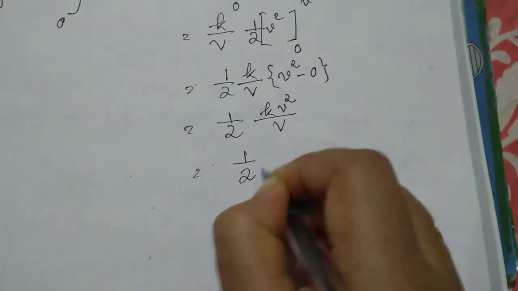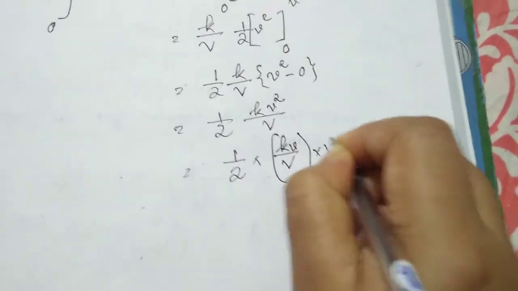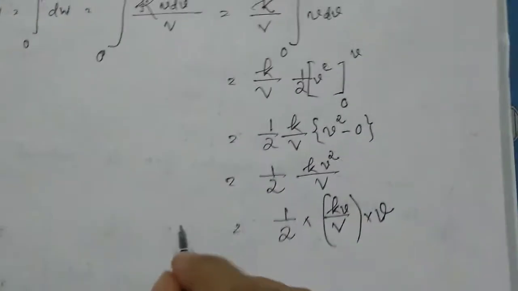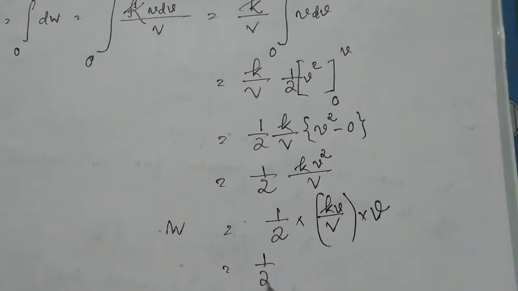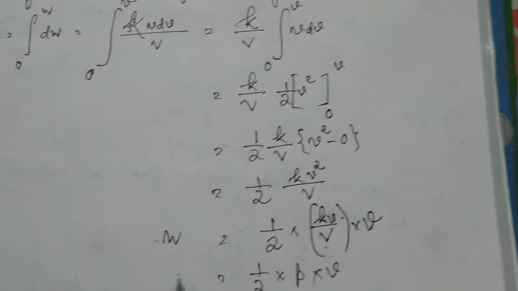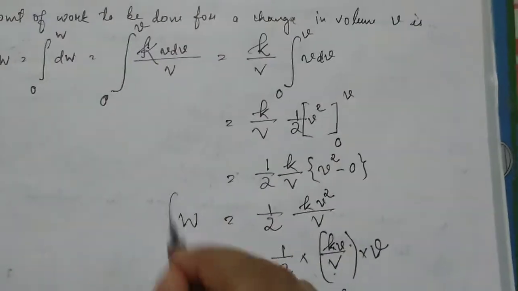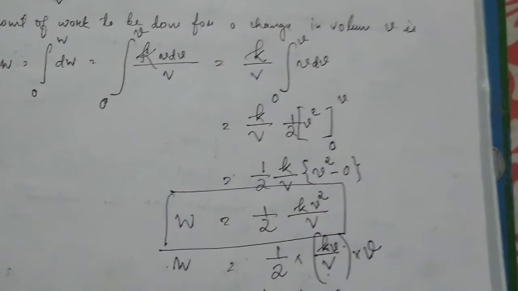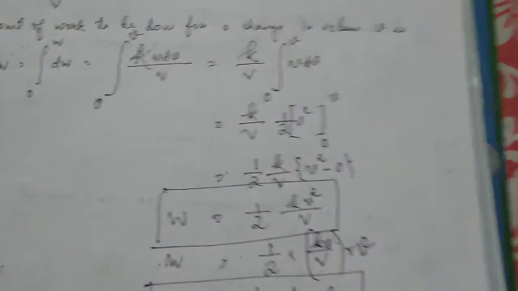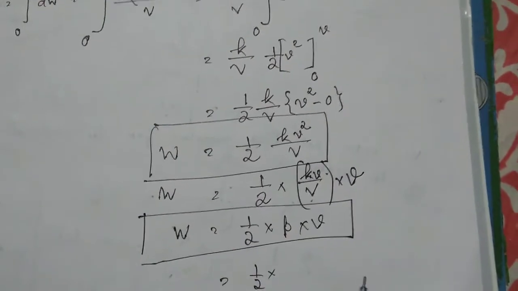Now I am rearranging it just like the last case. Can we do it like this? Yes. So it is half, and this part is nothing but P into v. So the work done is half into P into v. So the work done has two formulas here.